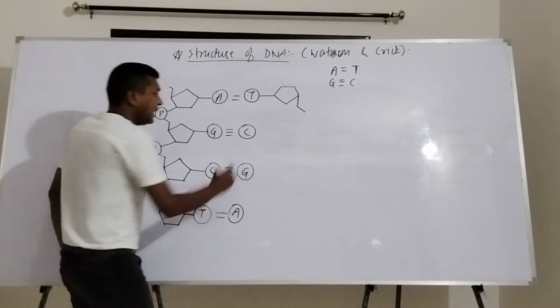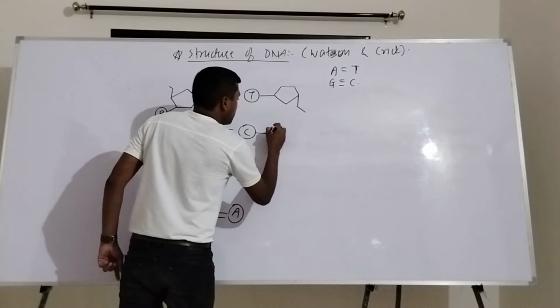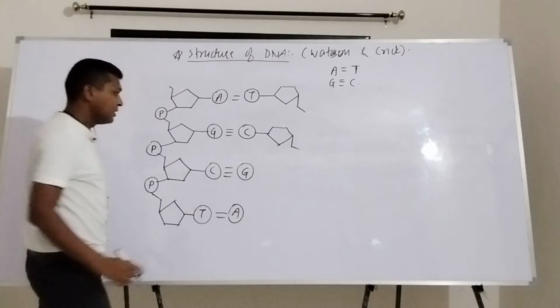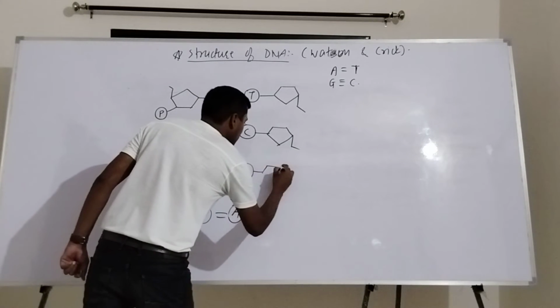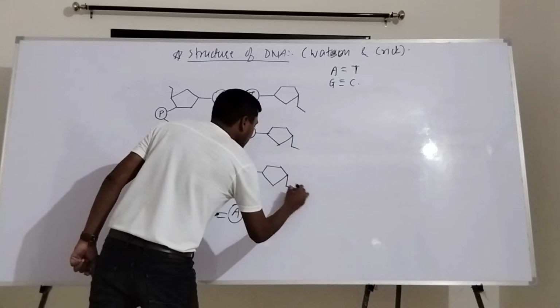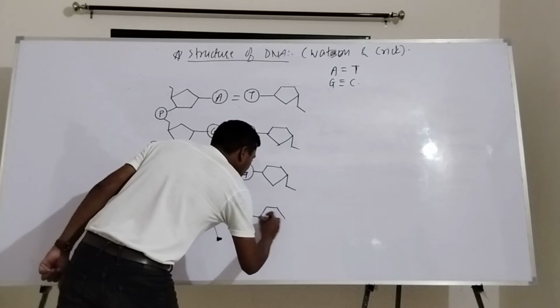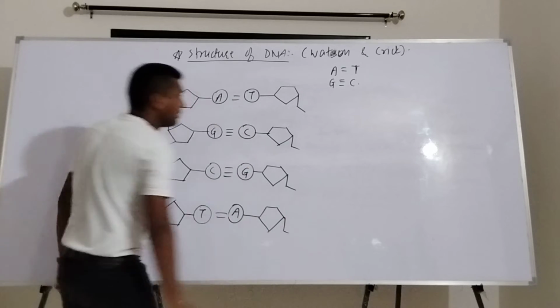Likewise, this C must also remain present at carbon atom number 1. Likewise, this G must also be present at carbon atom number 1. Likewise, this A will also remain present at carbon atom number 1.